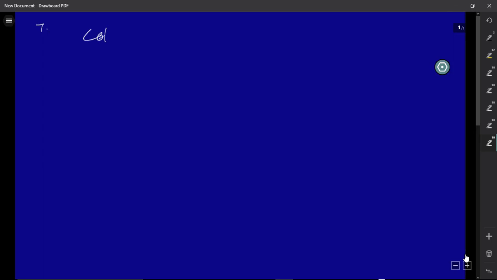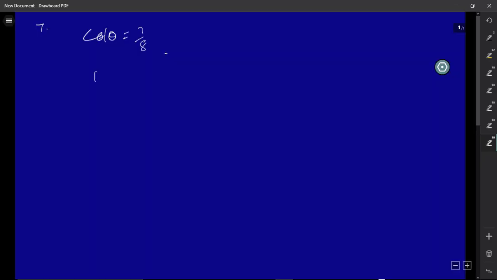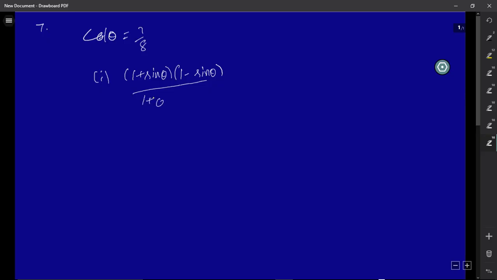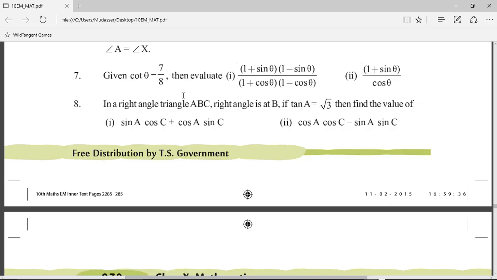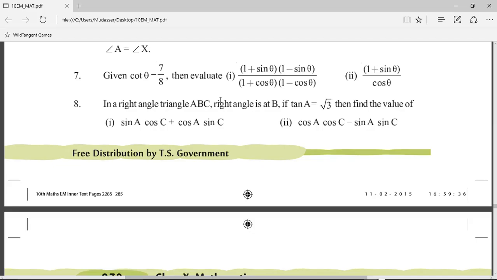So here cot theta is given as 7 by 8. Then we have to find out 1 plus sine theta into 1 minus sine theta by 1 plus cos theta into 1 minus cos theta.